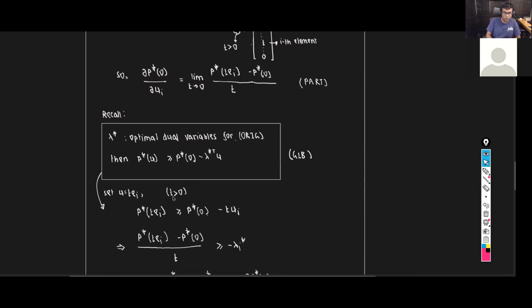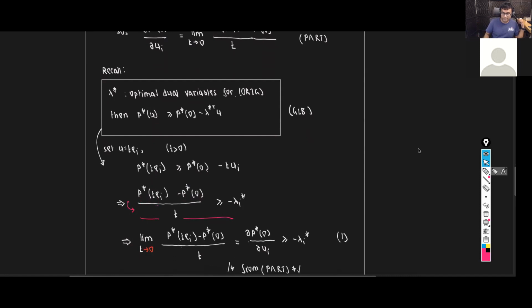In this case, remember t is greater than or equal to 0. So I am just plugging that in, nothing fancy going on. After that, because t is strictly greater than 0, I can say p star of t e_i minus p star of 0, divided by t, would be greater than or equal to minus lambda_i star. And because t is a positive number, dividing by it will not flip the sign of the inequality.